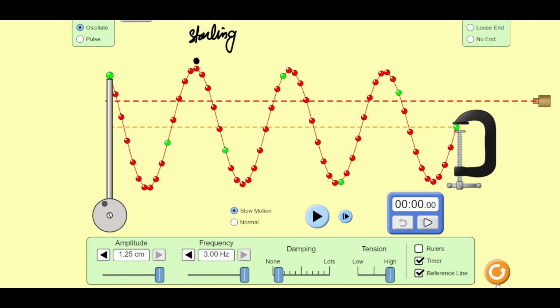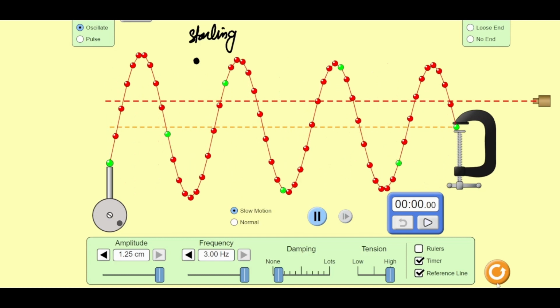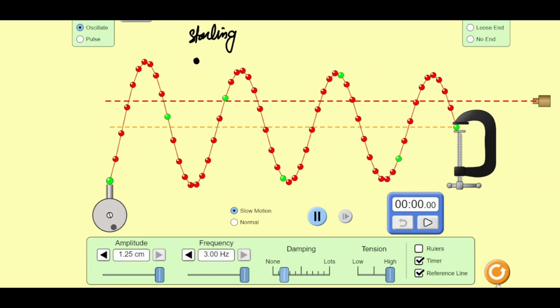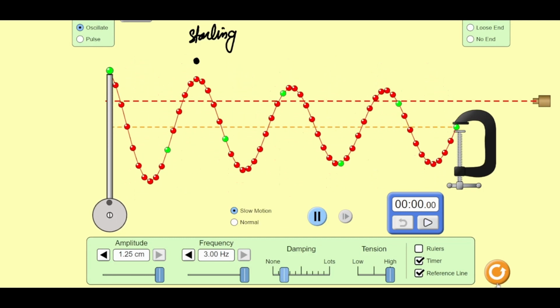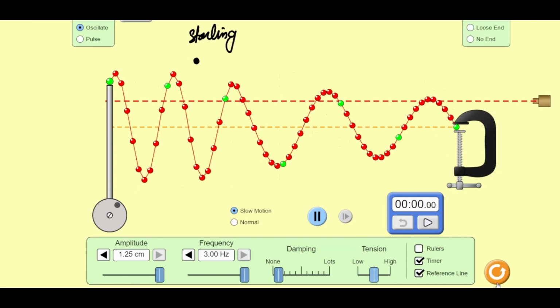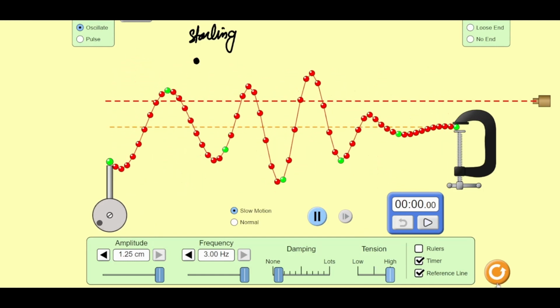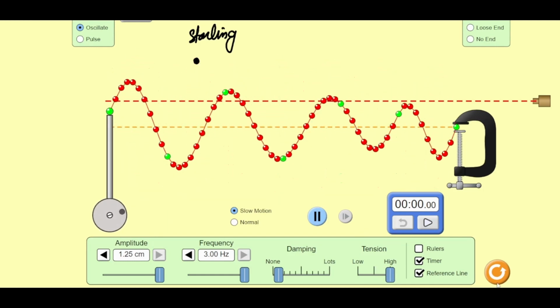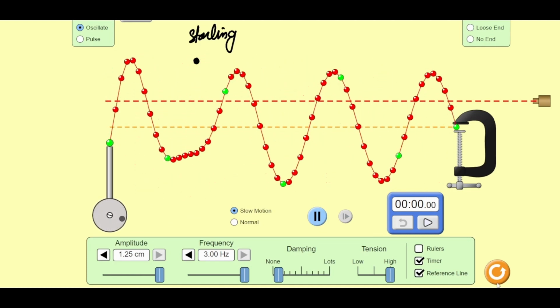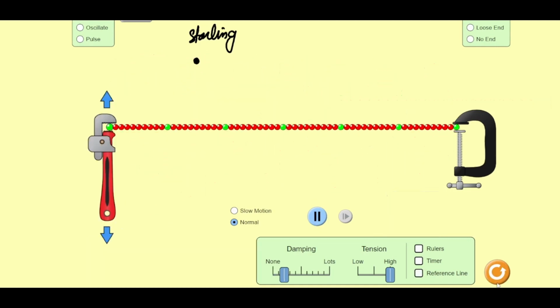Now let's continue this in faster motion and see what happens. Just a moment. Let's start it again.